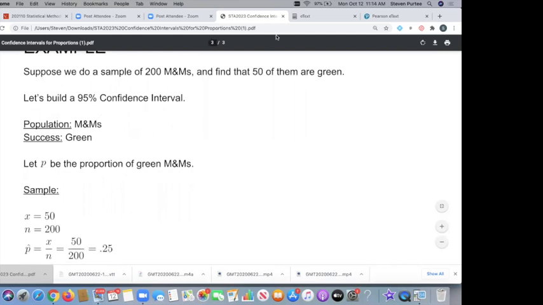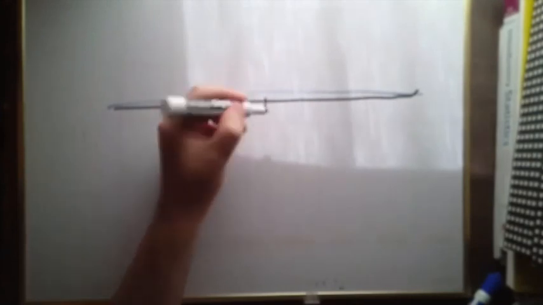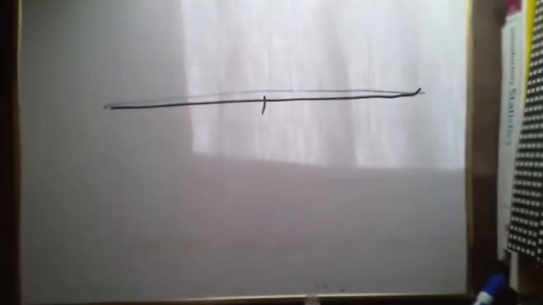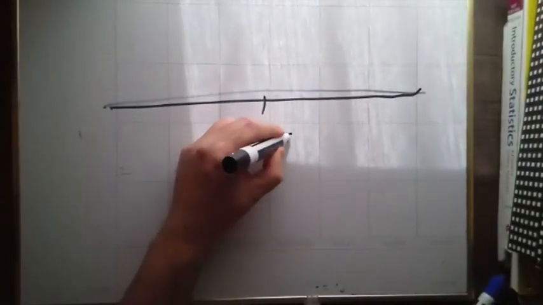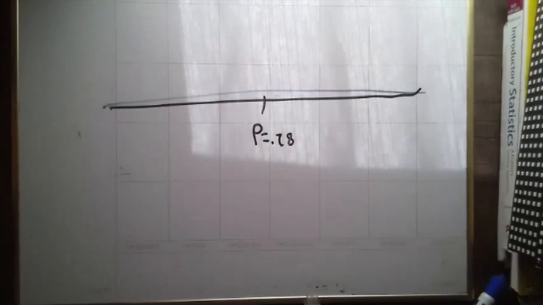So let me draw real quick. Someplace is the real number, the actual real number of green M&Ms, the fraction. I'm just going to make up a number. Let's say it's 28%. We don't know what it is, but that's what we're trying to estimate. Let's pretend right now 28% of all M&Ms are green.